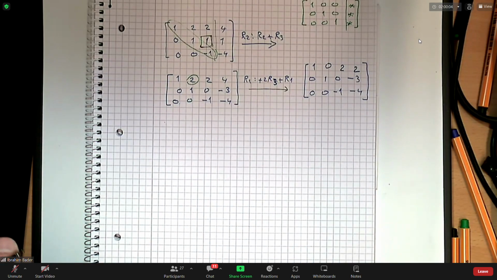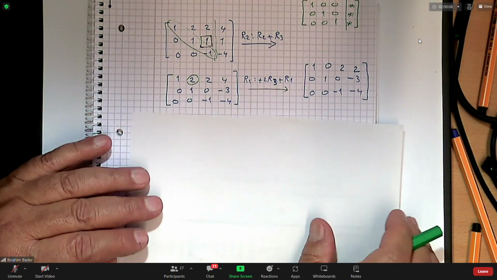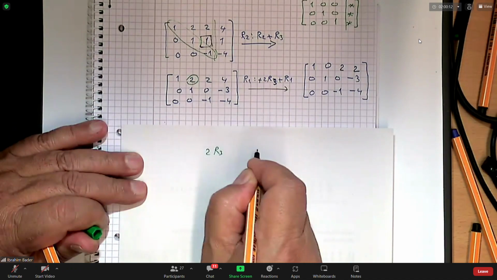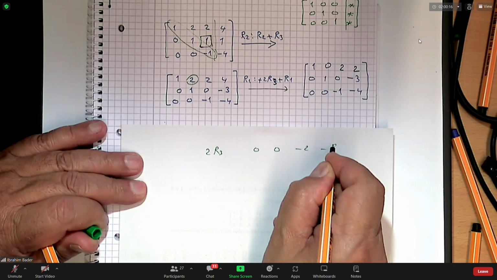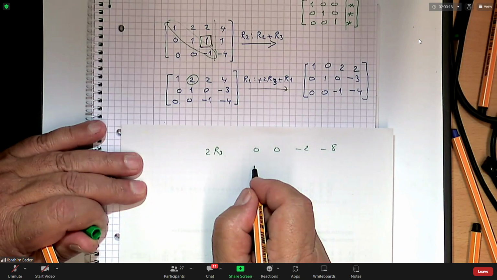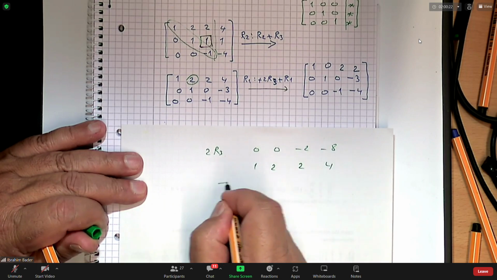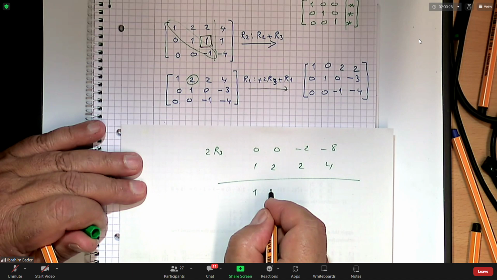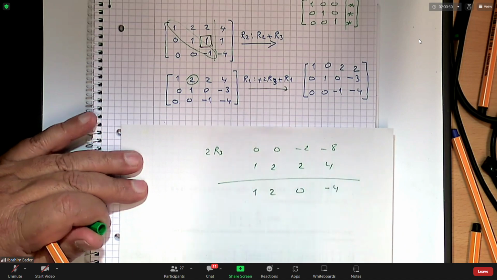Let me just do it in scratch here. 2 R3 is 0, 0, -2, -8, right? R1 is 1, 2, 2, 4. So I got here 1, 2, 0, -4.